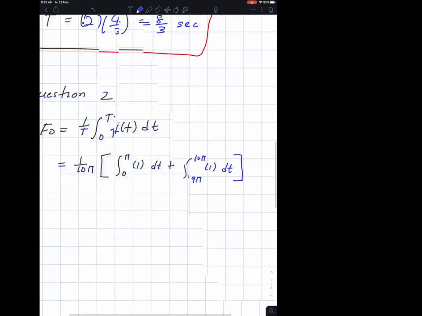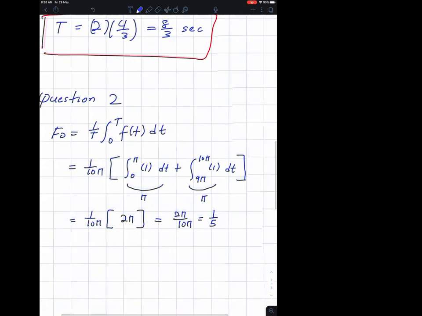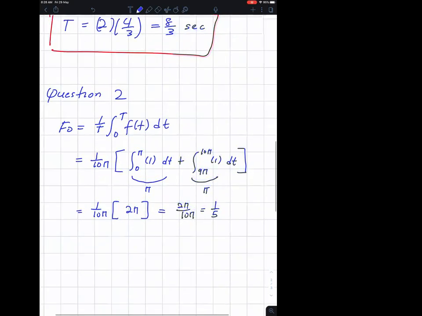So I can replace this with pi, and I also can replace this with pi. Pi plus pi is 2 pi. Two pi over 10 pi is 1 over 5. So therefore, F naught is 1 over 5.